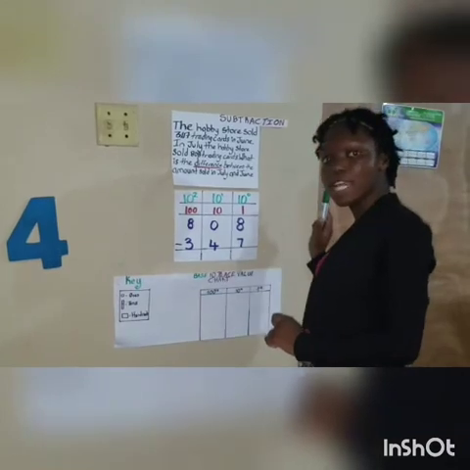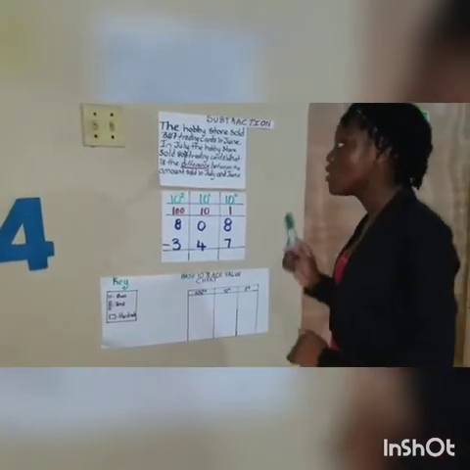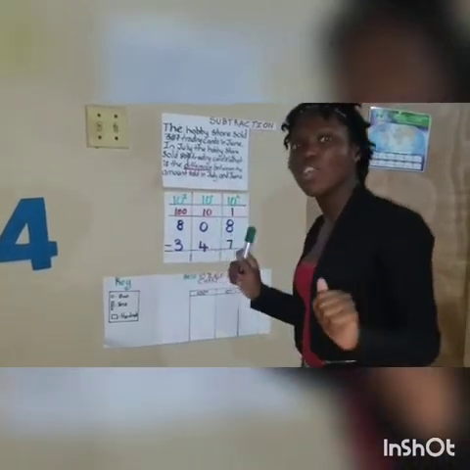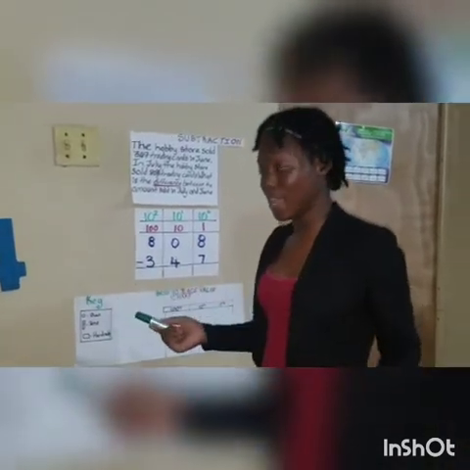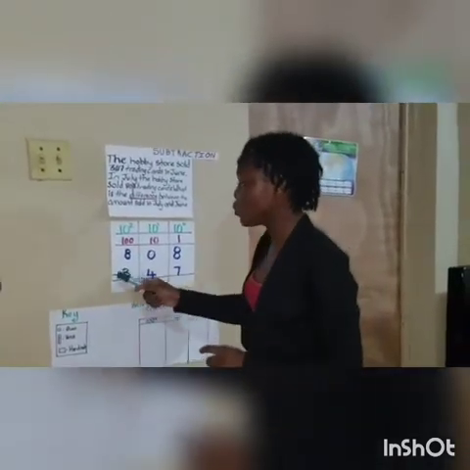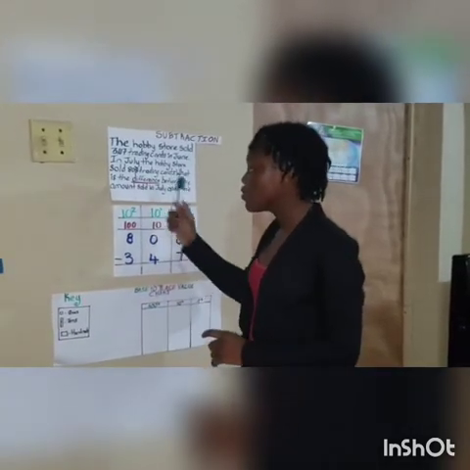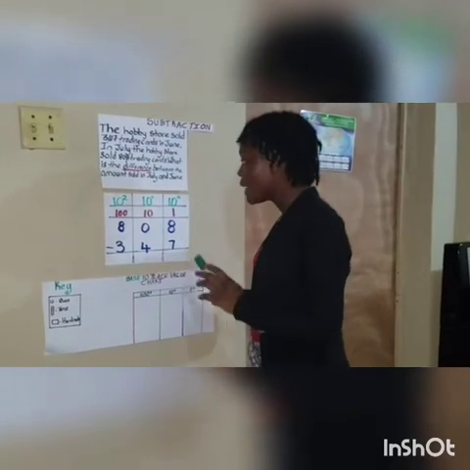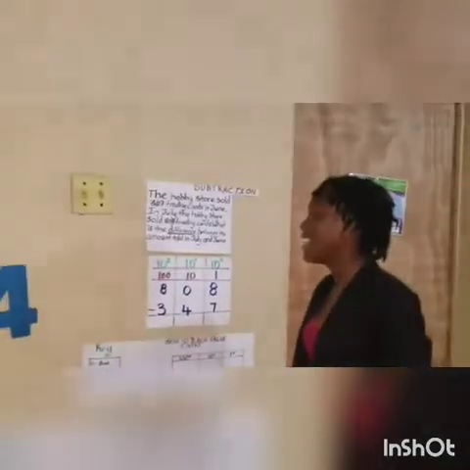What is the difference between the amount sold in July and June? And difference is just a nice fancy word for subtraction or take away. So that is what we're going to do. We are going to take away 808 from 347. And now, as you can see here, we have our ones column.